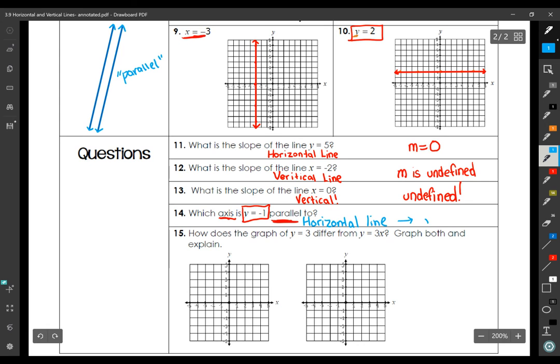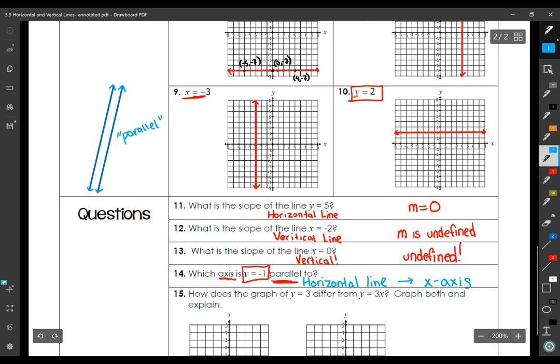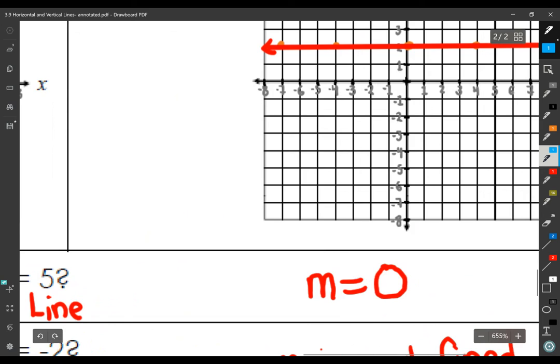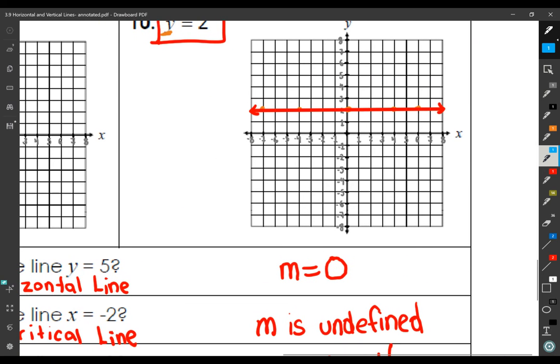Well, that is our x-axis, right? So for example, y is equal to -1. If you don't mind, I'm just going to use this grid here. If I'm doing y is equal to -1, then I would get this line right here. That's y is equal to -1.